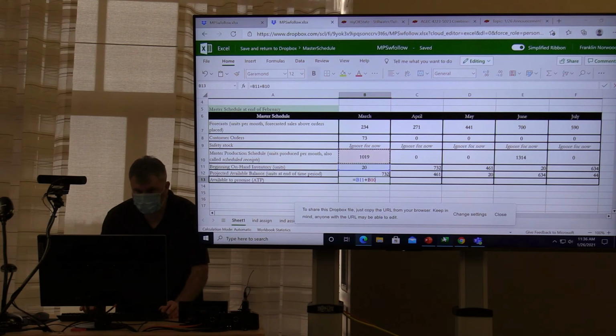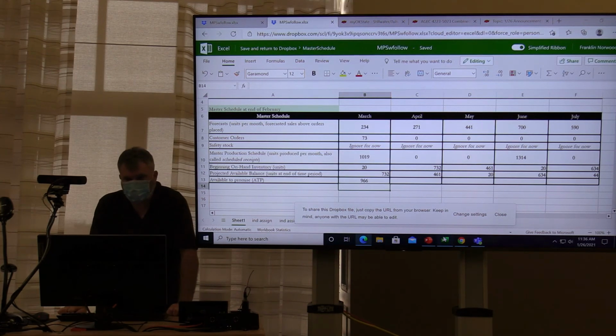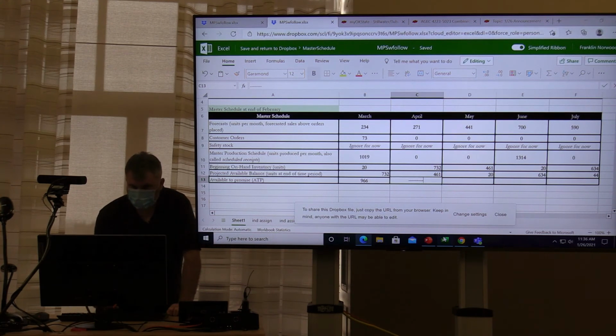Plus, I expect to produce 1,019 units. I've already promised 73 units to someone. So that gives me 966 units that I can promise to other people. I'm not putting anything in the other months because there's no production there, and I don't want things to accidentally be double counted.